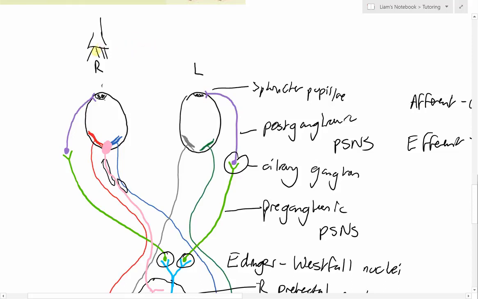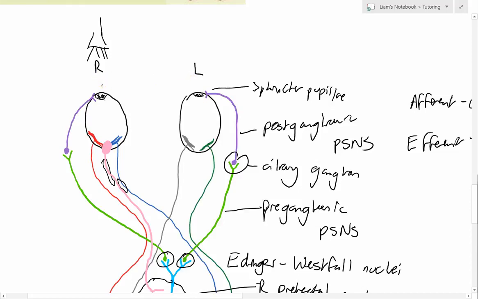When the torch hits the right eye, because there's a slowness and a decreased velocity of transmission here, instead of the pupil immediately constricting, as you'll see in the left eye, it actually is continuing its dilation that started in the swinging from right to left.